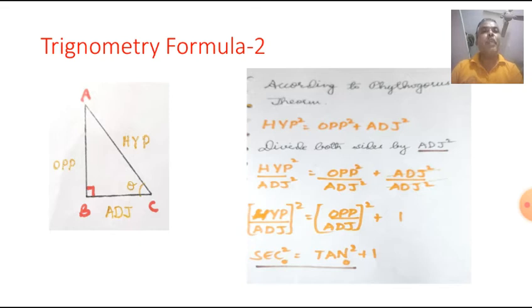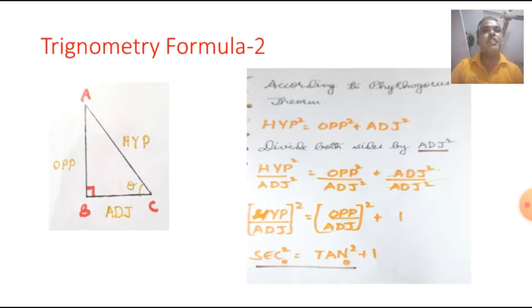We get hypotenuse square is equal to opposite square plus adjacent square. It is because the Pythagoras theorem says that the square on the hypotenuse is equal to the sum of the squares on the rest two sides of the right angle triangle.